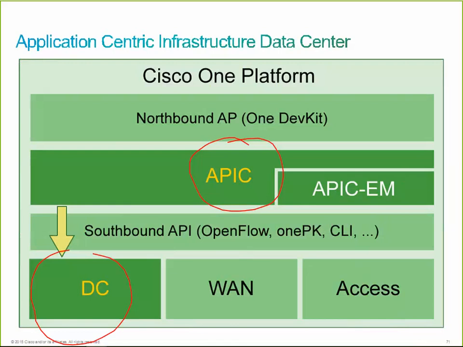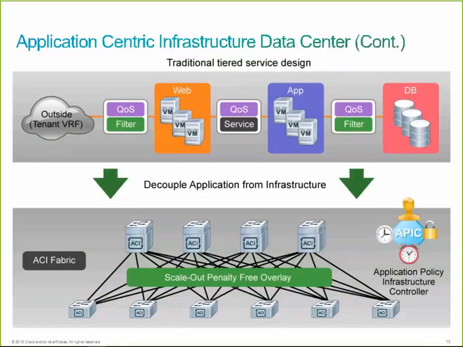All right, and the northbound API is, of course, the Cisco Open Network Environment. And overall, this comprises that Cisco ONE platform. So I don't know how much detail we'll get into it, but hopefully we'll be able to describe at least some of this architecture.